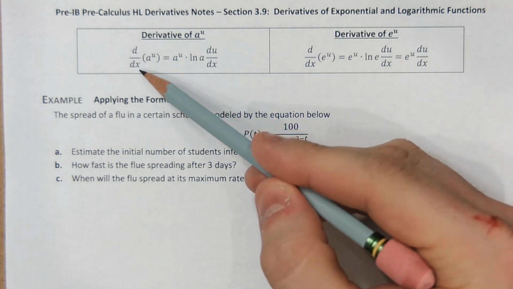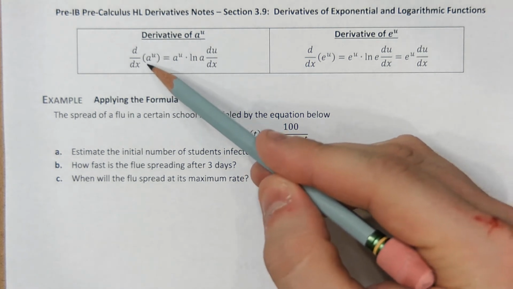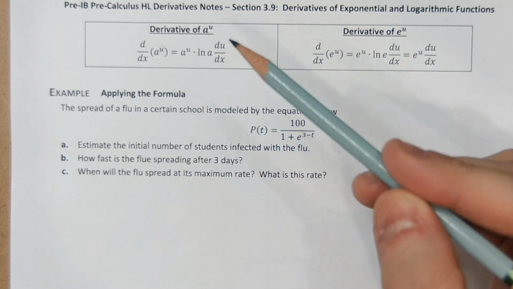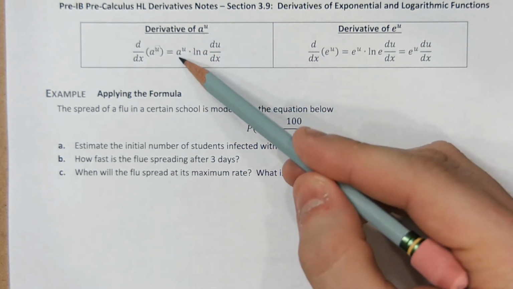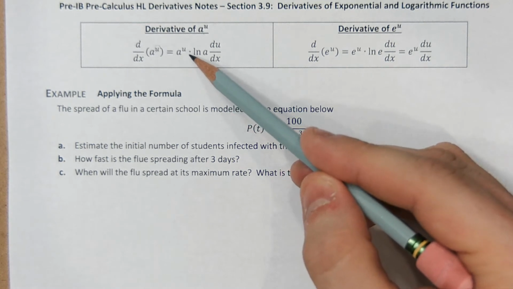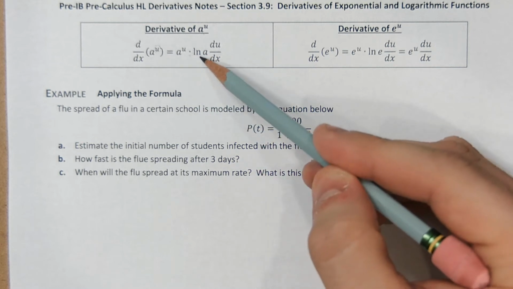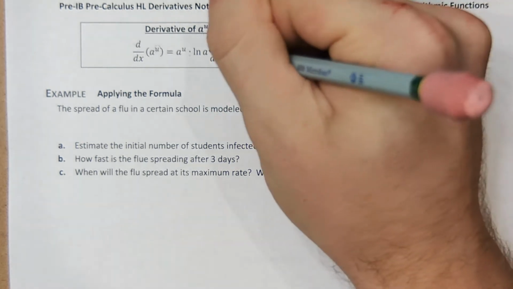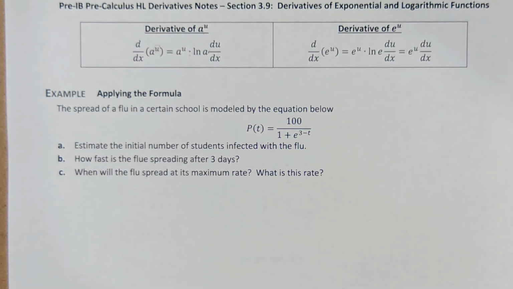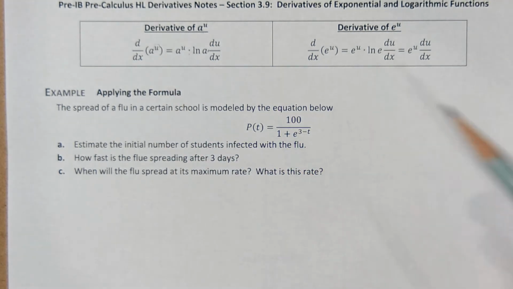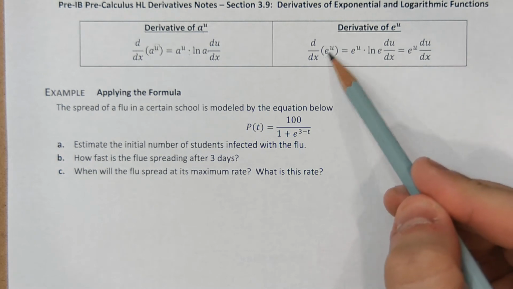If you have to find the derivative of an exponential constant raised to any kind of power, where u is representing a function, then you write the original exponential, you multiply by the ln of the base, and then you follow the chain rule, and you multiply by du dx over there. And this is going to be the same for every single exponential, as long as it is a constant raised to a power.